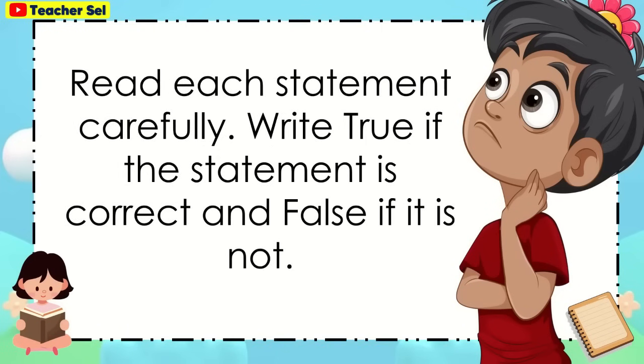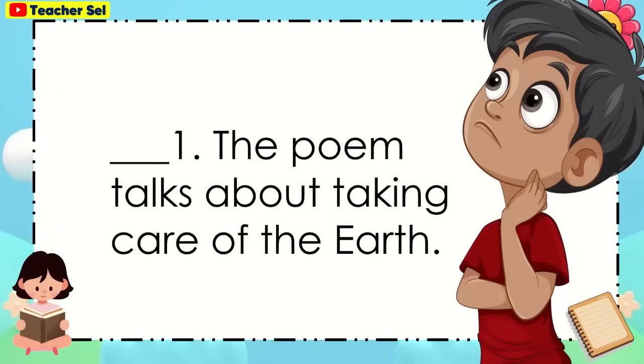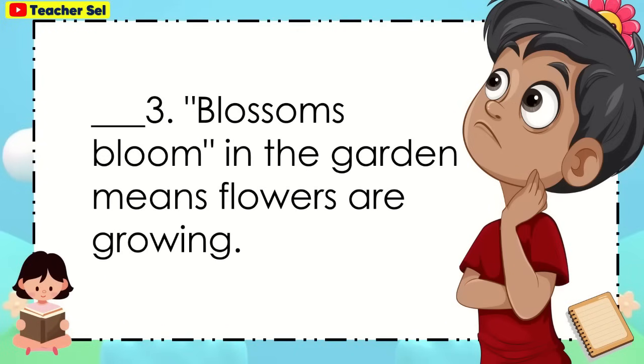Read each statement carefully. Write true if the statement is correct and false if it is not. The poem talks about taking care of the earth. It's true. Number 2, the poem encourages wasting resources instead of recycling. It is false. 3, blossoms bloom in the garden means flowers are growing.